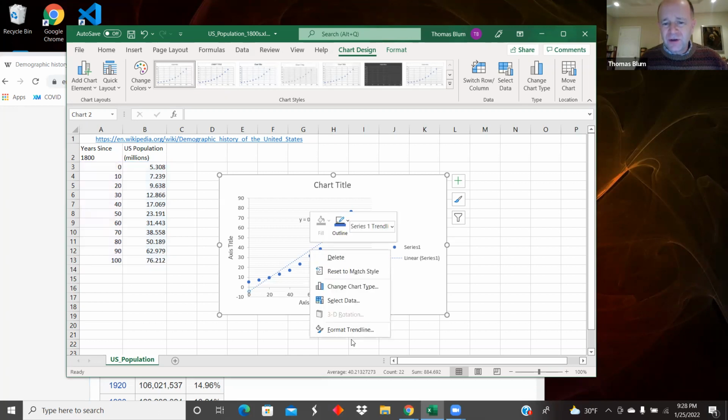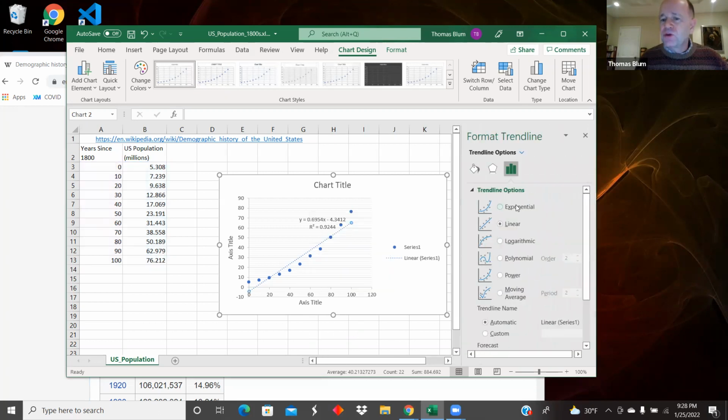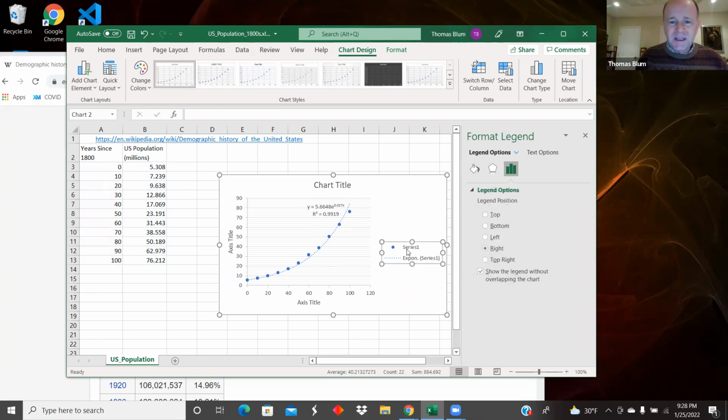So I'm going to right click on the trend line and choose exponential. Okay, so that's a pretty good fit. The R squared is 0.9919. So that's a pretty good fit. 1 would be perfect. So pretty good. I'm going to delete the legend.